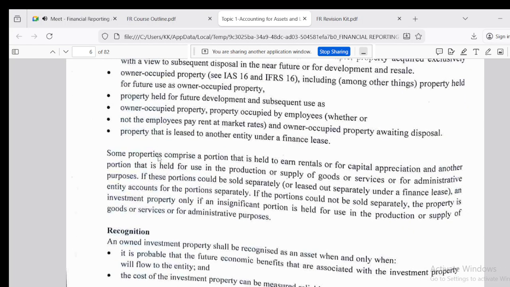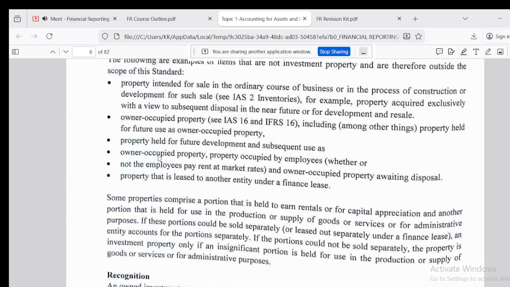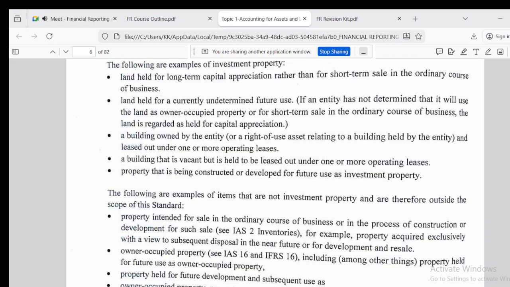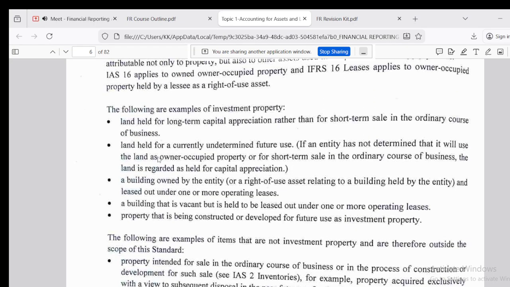Okay. So we were talking about investment property. Remember we were referring to it as International Accounting Standard number 40.